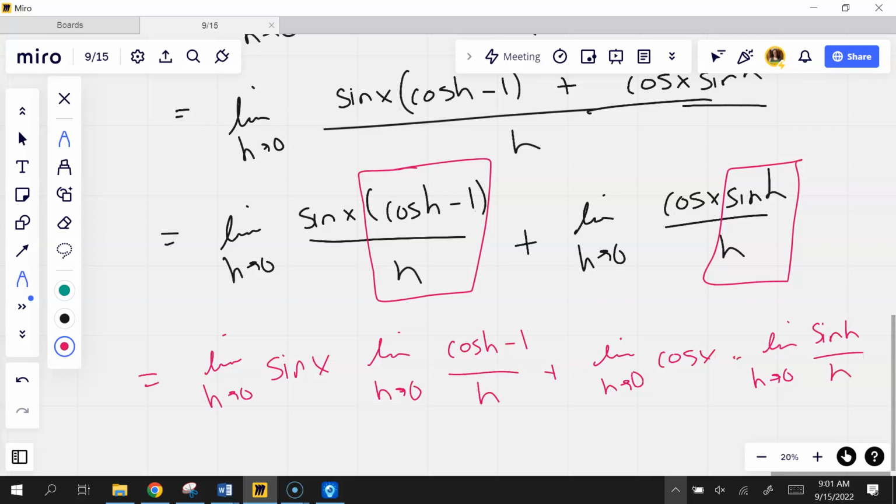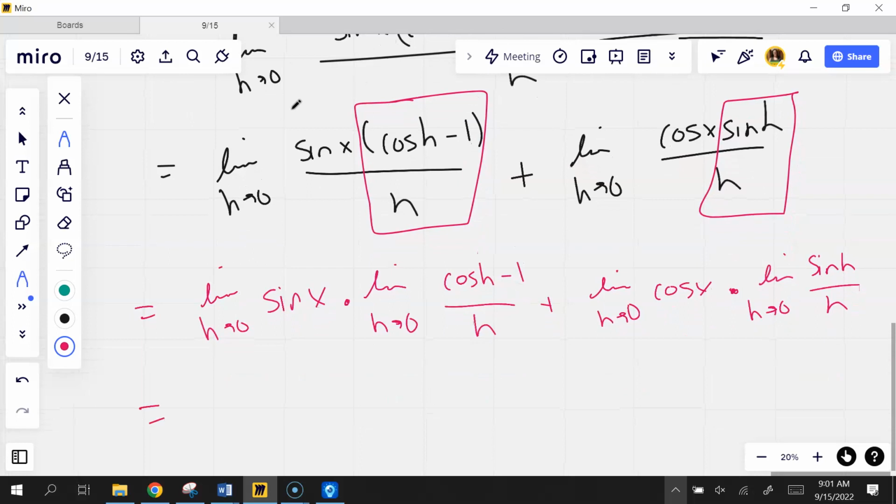So I split it up with multiplication this time. Well, this is just sine x, because there's no h in there anymore, right?